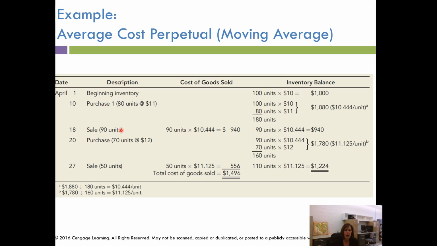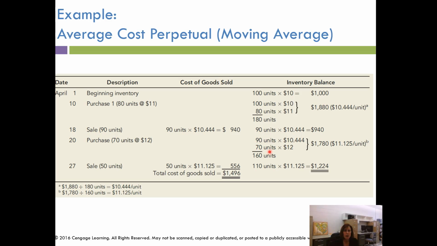So here we are. I wish we had sold a few more dates so you could see that, but anyway, we bought some more units on the 20th. So now we've got 90 units left here. This is also a bad example to sell and have left the same number. But anyway, we have 90 units left at the $10.444.